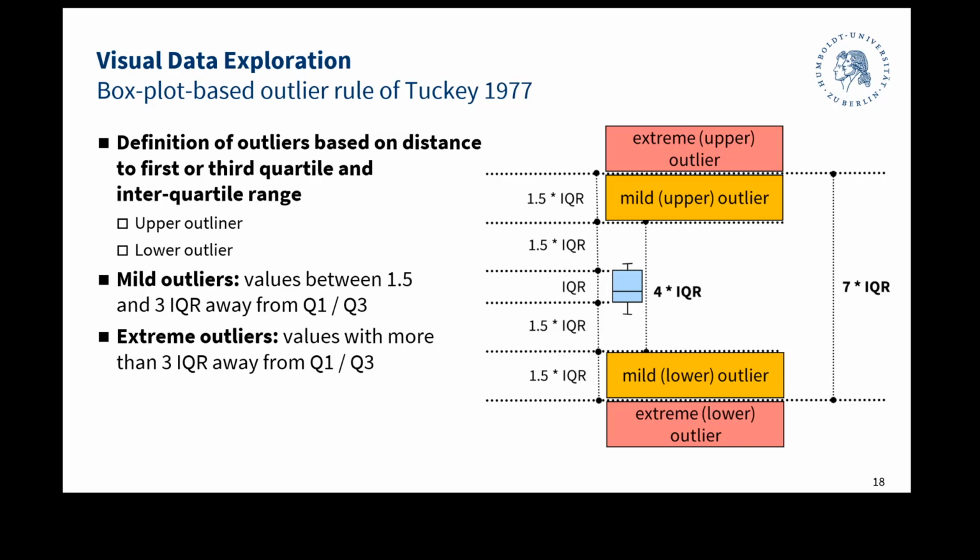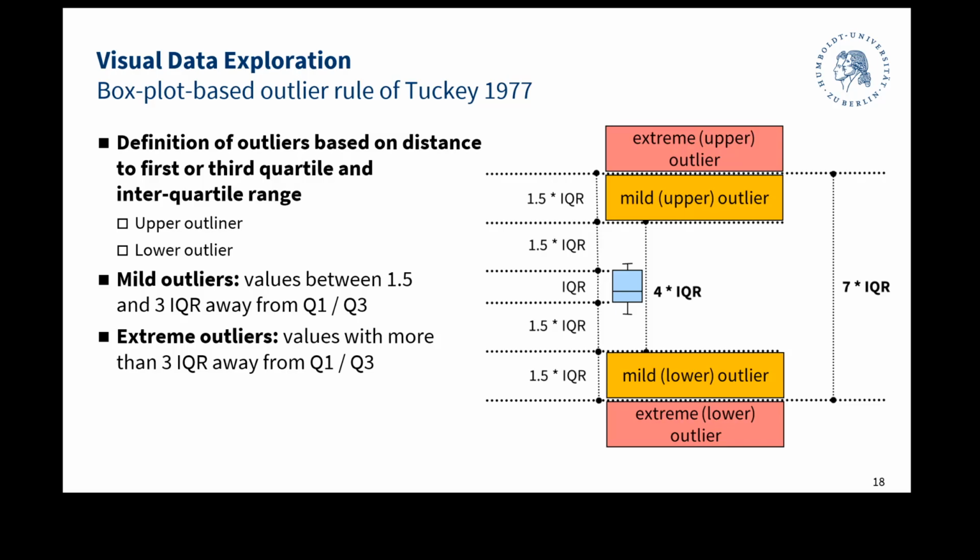And the rule of Tukey is that an outlier is a value so large or so small that it is more than 1.5 times the interquartile range apart from the boundaries of the box. So you see how I have the little blue blocks again, and you see Q3.